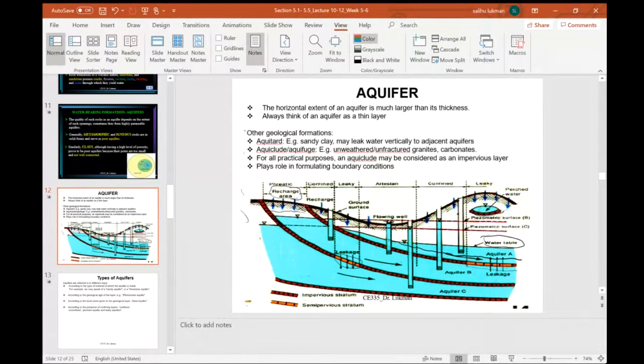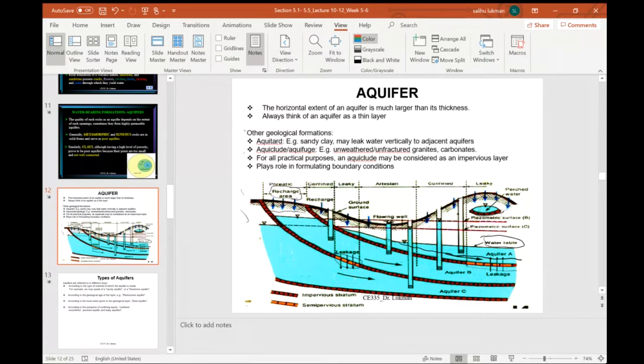Now let's look at aquifer B. Aquifer B is a confined aquifer because it is bounded from above and below by an impervious layer. So it's like pipe flow. The water inside a confined aquifer is under pressure, and the height to which the water can rise is called the piezometric surface.